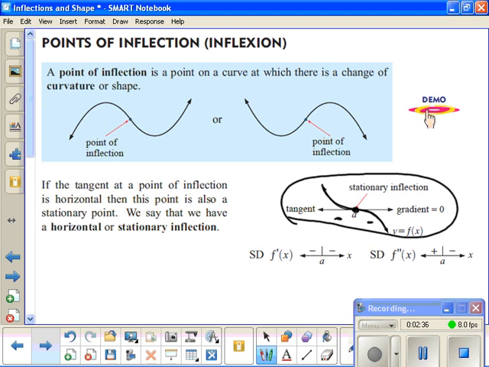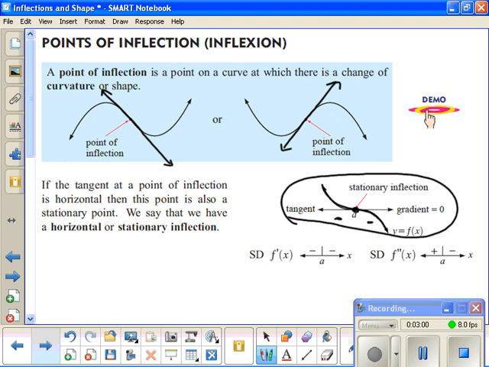It was always decreasing throughout. That's a stationary inflection or a horizontal inflection point. Sometimes we have non-horizontal inflection points, like this one, or like that one, and the only way to find those is to do the second derivative.